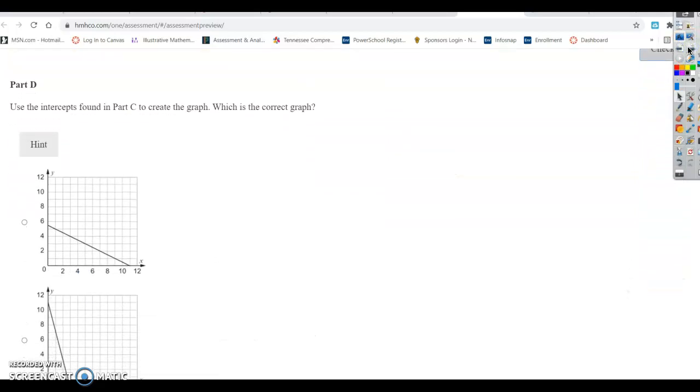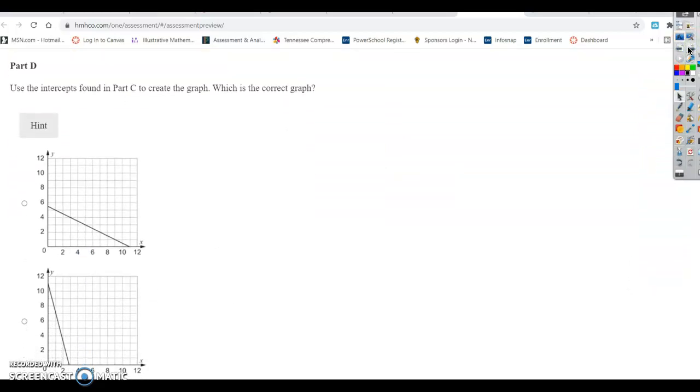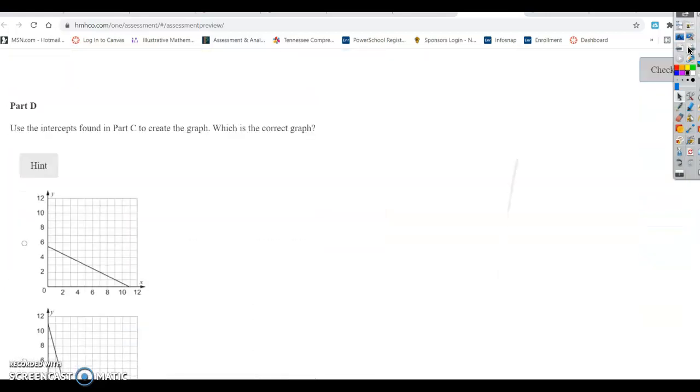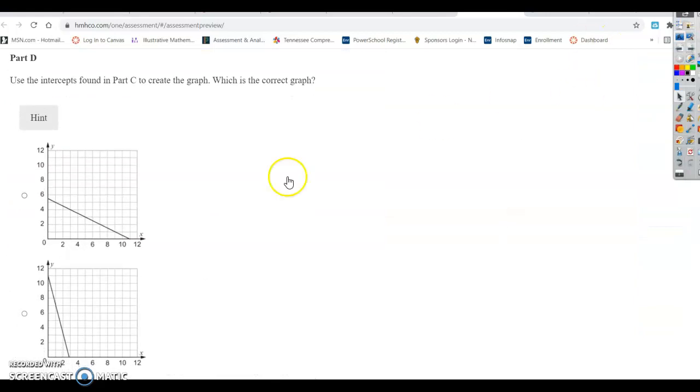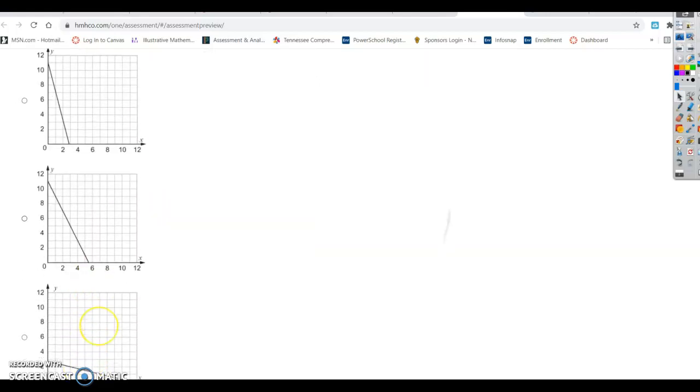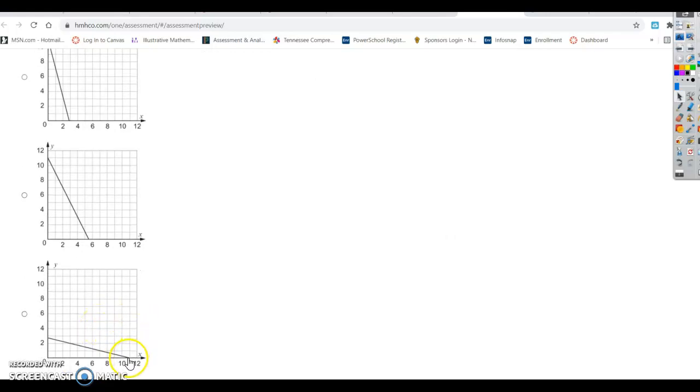It says use the intercepts found in part C to create the graph. Which is the correct graph? We know our x-intercept is 11, 0, and x is along the bottom. This one says 11. This one is not even close to 11, neither is the third one, and this one's close to 11.